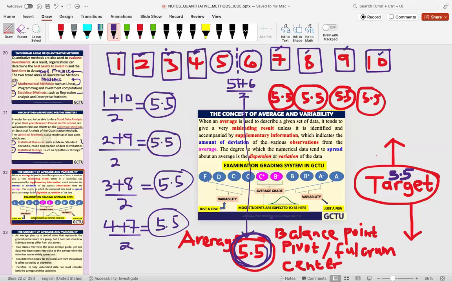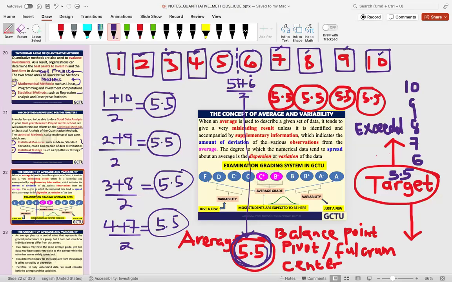So after setting our target, which is the 5.5, anytime we do sales and we have 6, 7, 8, 9, 10, it means that we have exceeded the target, because the target was 5.5.